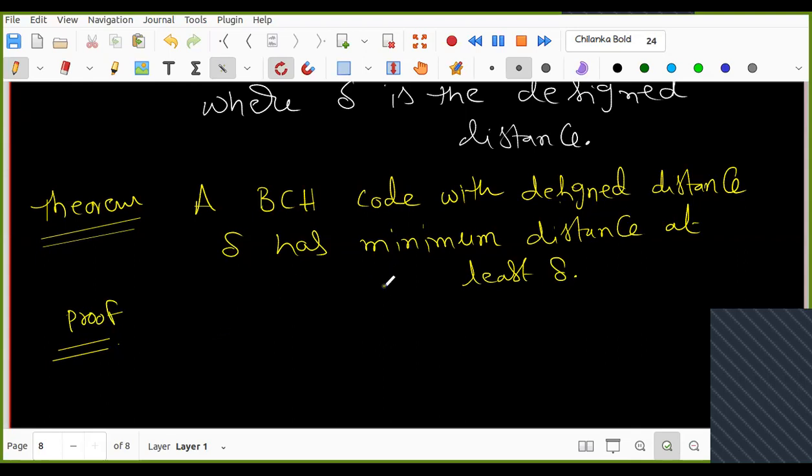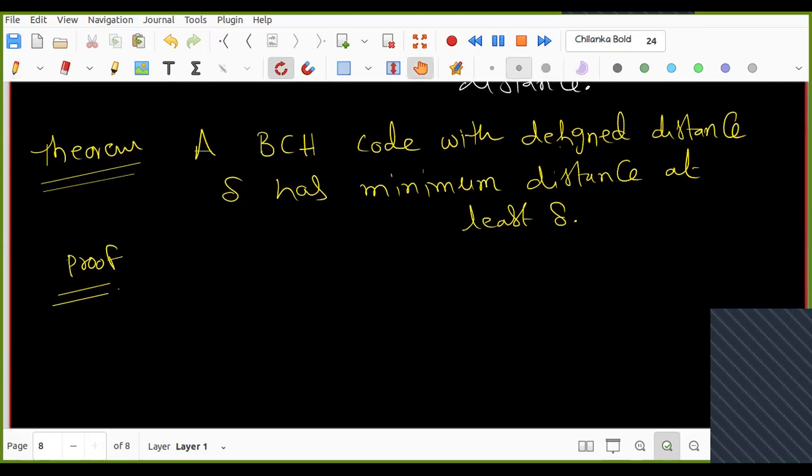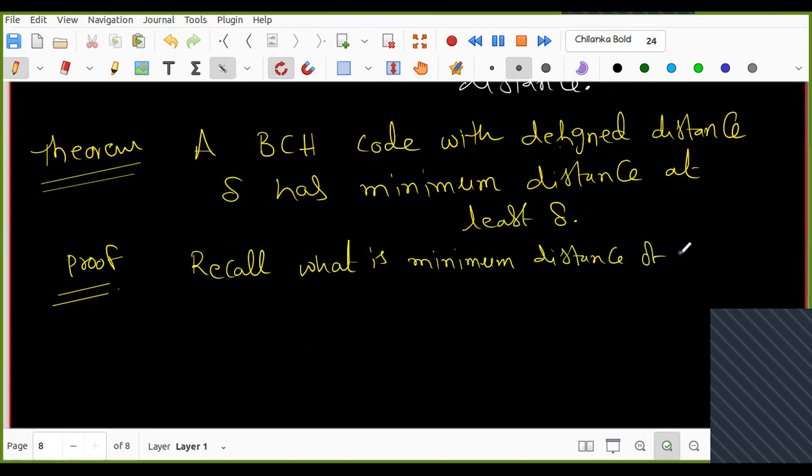Let me recall things one after another. What is the minimum distance of a code? You remember, right? Actually the proof will not be written like that, but I'm writing it here. Recall what the minimum distance is.